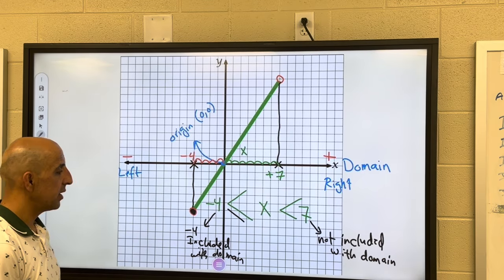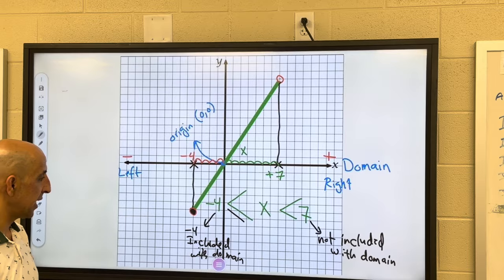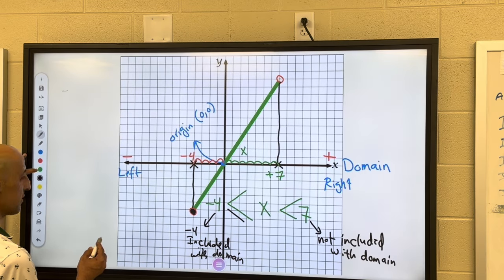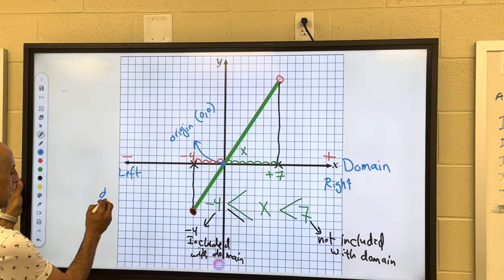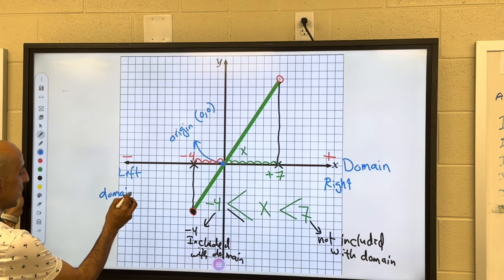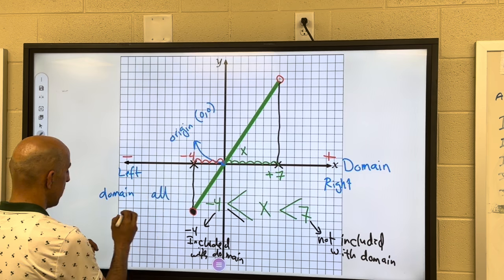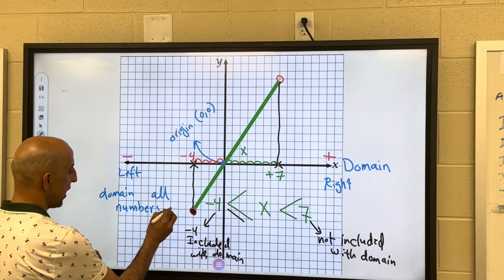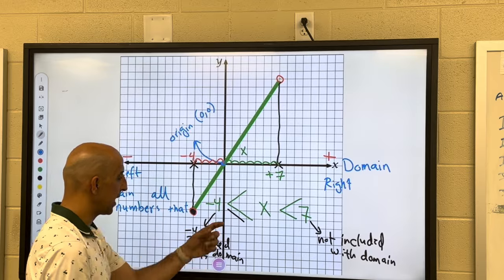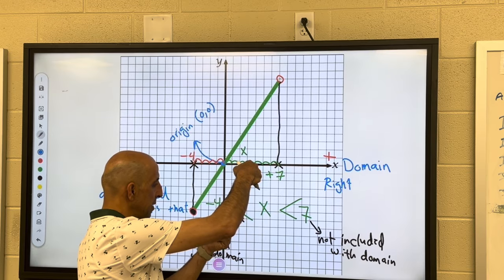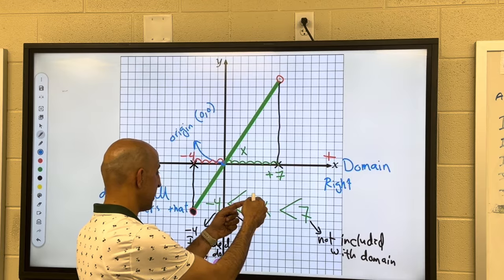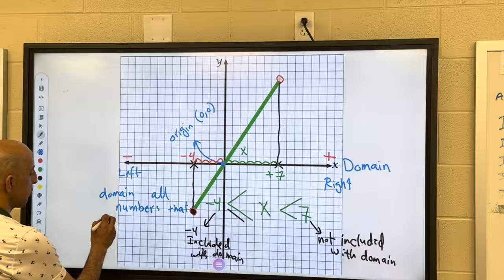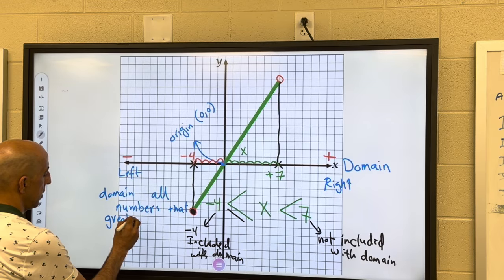So how can I read this domain? I can read it as follows. The domain for this function is all numbers x, all the numbers that are greater.